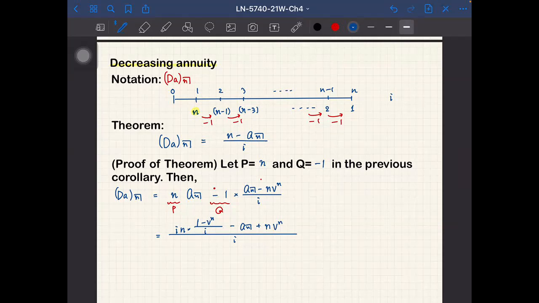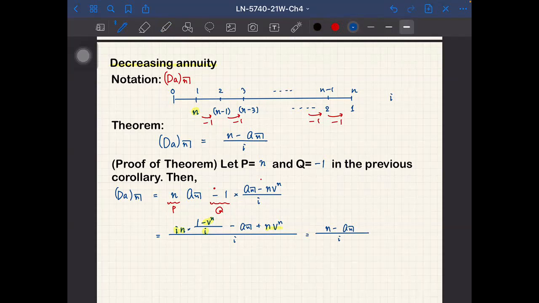And actually several terms cancel. Two terms cancel: n times v^n and the n times negative v to the power n over i. So these terms cancel, this is simplified, and this is (n minus a_angle n) over i.